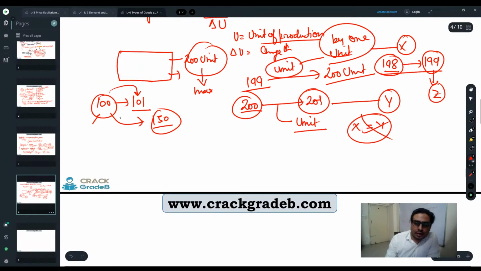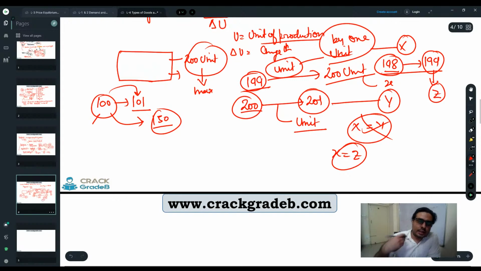So from 198 to 199, they need z cost. From 199 to 200, they need x. X is the cost. So x and z can be equal.